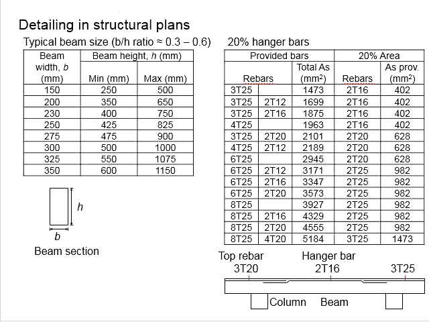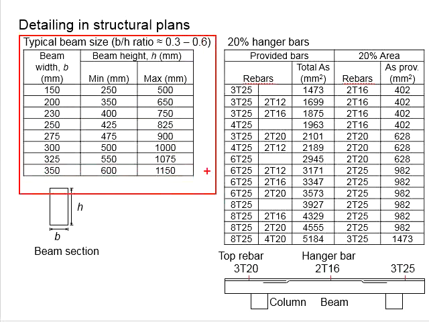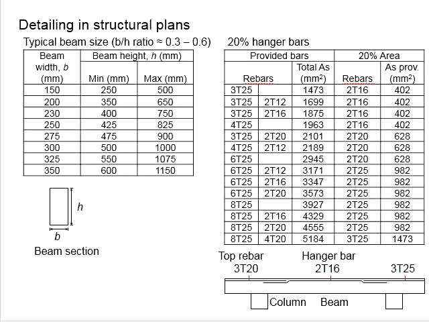The more common ones will be 150 times 450, which is in this category, or 230 times 600, which is in this category. The other sizes are also applicable. Whichever size it is, it is workable in the construction industry.